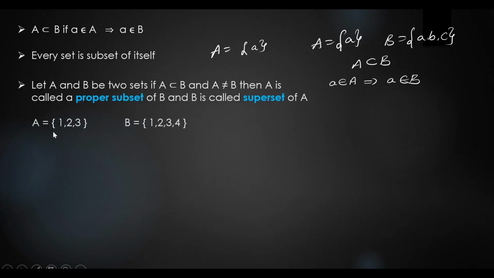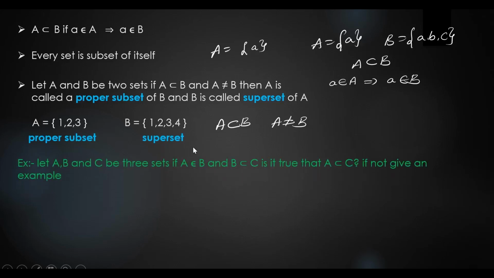A is equal to {1, 2, 3} and B is equal to {1, 2, 3, 4}. If you observe these two, A is a subset of B and A is not equal to B. So both conditions are satisfied, because A is 1 to 3 and B is 1 to 4. That's why A is not equal to B. So we can call A a proper subset and B a superset.